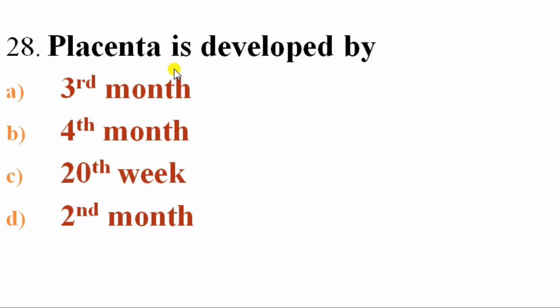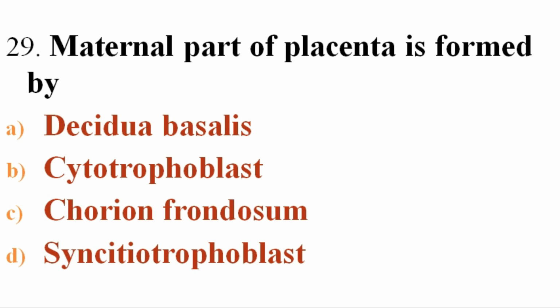Next question. Placenta is developed by options A. 3rd month, B. 4th month, C. 20th week, D. 2nd month. Answer is A. 3rd month. That is placenta completes its development by 3rd month or 12 weeks. Next question.